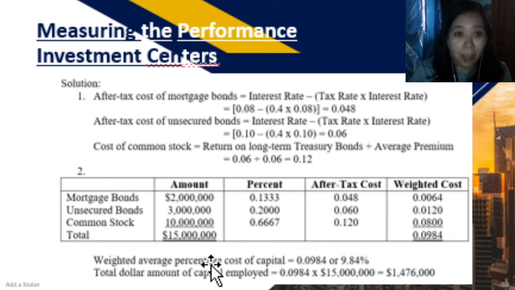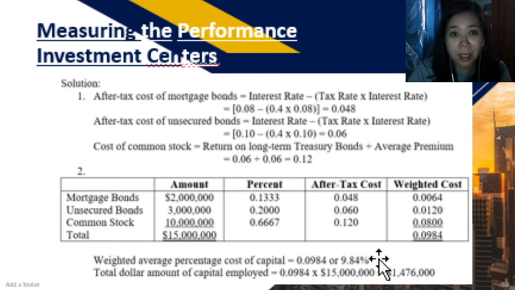For example, for mortgage bonds, that's 2 million divided by 15 million, so that's 0.1333 or 13.33%. Then you multiply it with its after-tax cost to get the weighted cost, and the same with the other two sources. Therefore, the total weighted average cost of capital for these three sources is 9.84%.